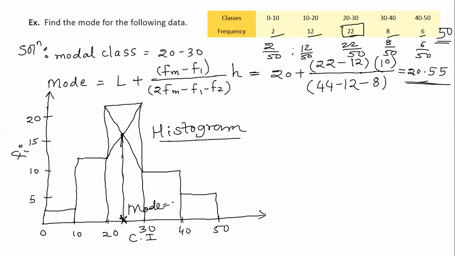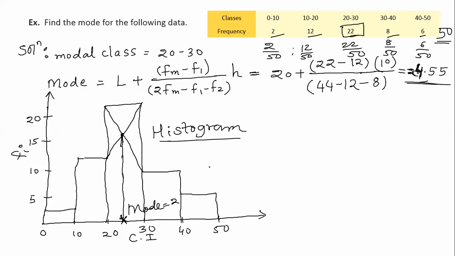So it may be, suppose, very close to... I think my answer is mode. Let me modify. The mode is 24.55. So 20 plus the remaining expression is 4.55.